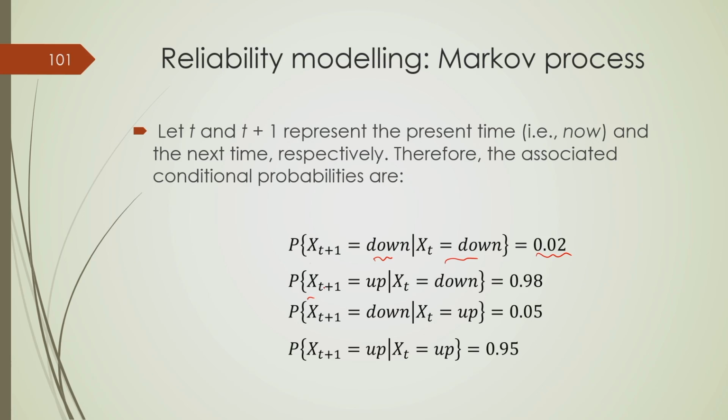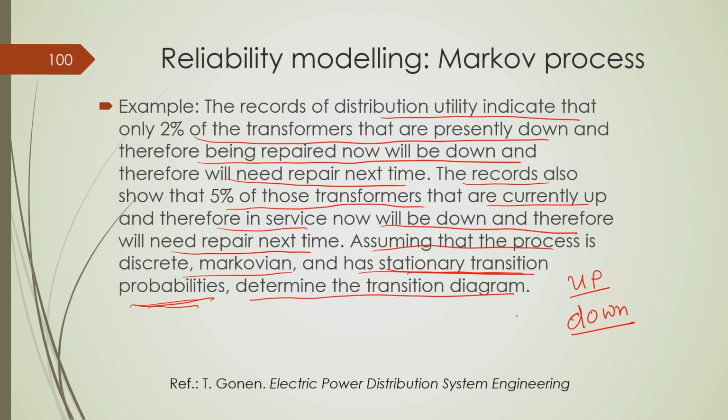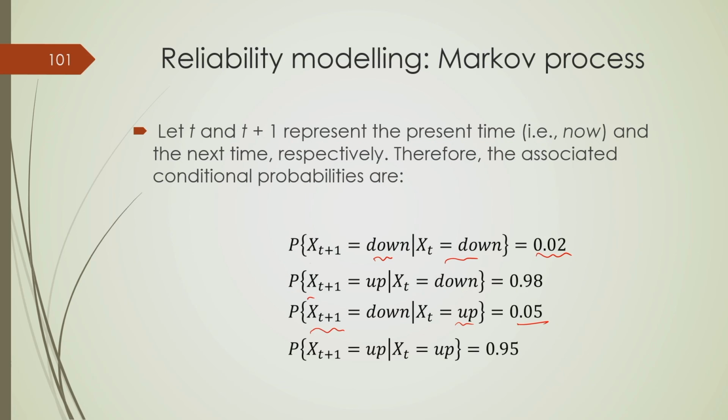Now, it is also given that 5% of transformers which are presently up, and therefore in service, will be down, that probability is 0.05. Okay. So, they are now up, in future they will be down. Okay. And those who are up will also be up, that will be 1 minus 0.05, that is 0.95, and those presently down who will be up will be 1 minus 0.02, that is equal to 0.98.